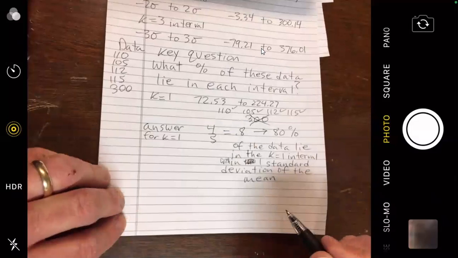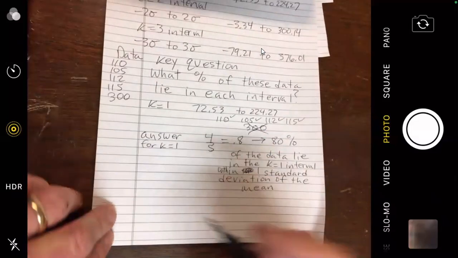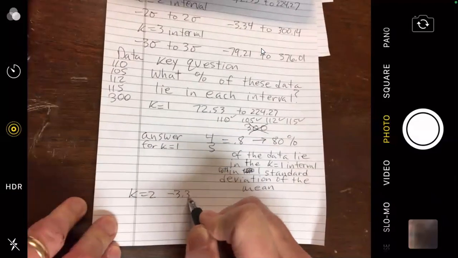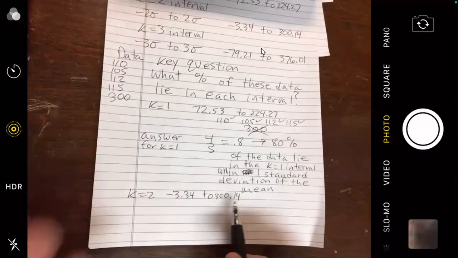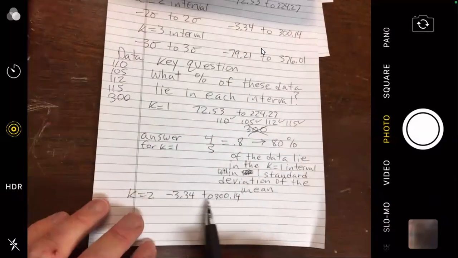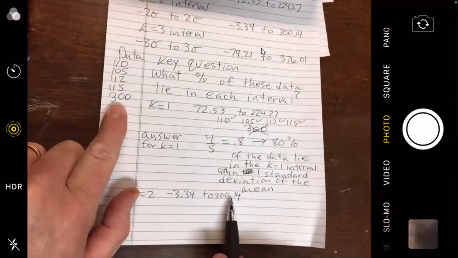If you get that idea, maybe we can do k equal 2 without writing so much down. For k equal 2, negative 3.34 to 300.14, you can see the 4 numbers are clearly within this when you widen it out. And now look at my 300, and yeah, I'm barely in.